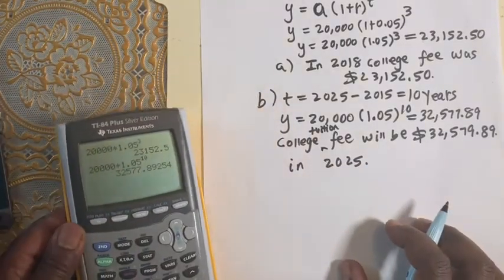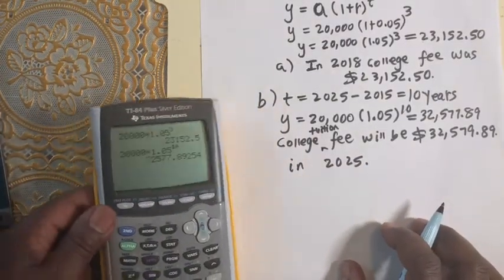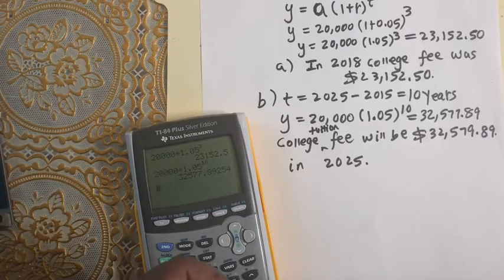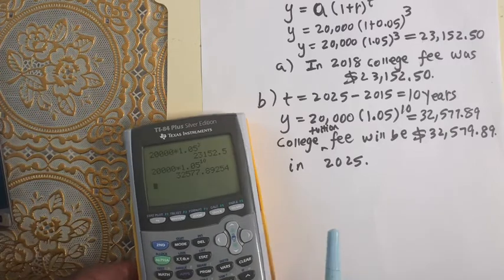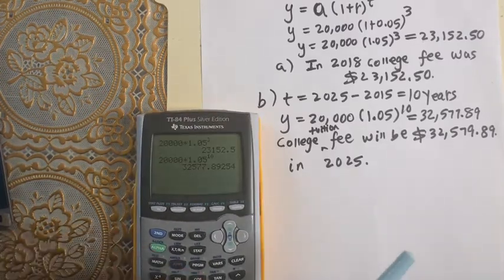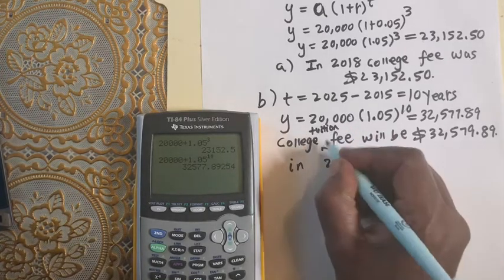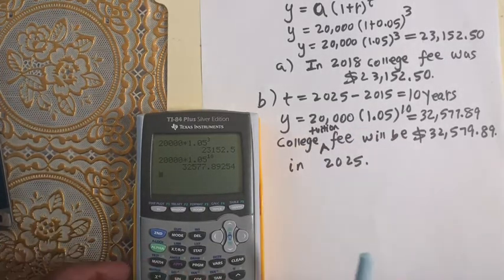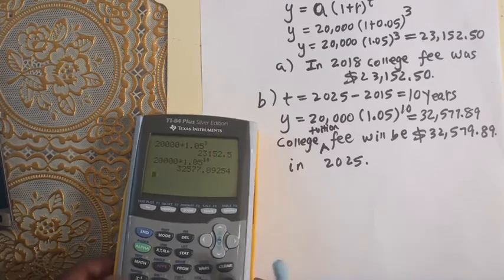So exponential functions, especially when they are growth rates, can help us predict, or sometimes even with the decay rate, predict the future amount. It can be a population. It can be questions like this: what would be tuition fee in the long run?